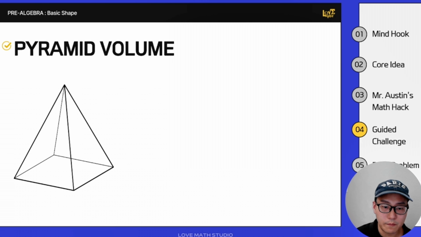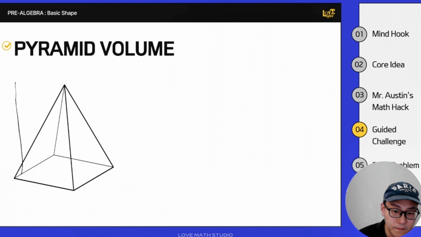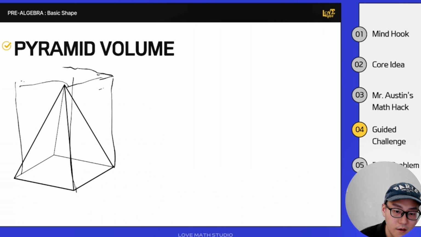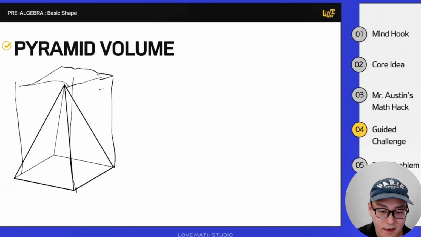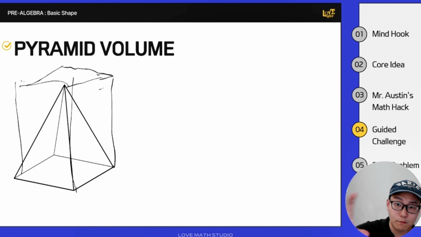And next one, we're gonna go over volume of pyramid. The little difference between the pyramid and the rectangular prism is, if you fill up water in this pyramid and pour it into a rectangular prism with the same base area and same height, it is exactly 3 times bigger.